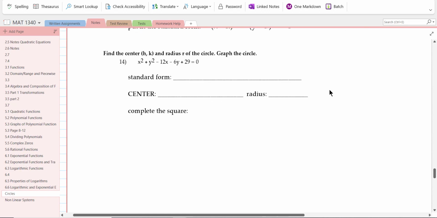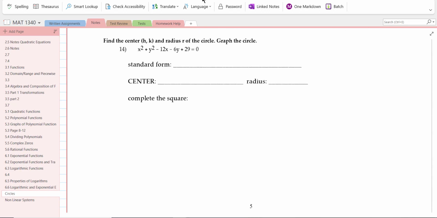So let's go down to this 14 and I'll show you what you need to do on this. We've had enough background on this that it'll be a reasonably easy thing to learn. First thing you want to do is get all of your x's grouped together.